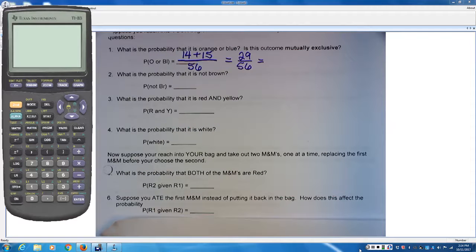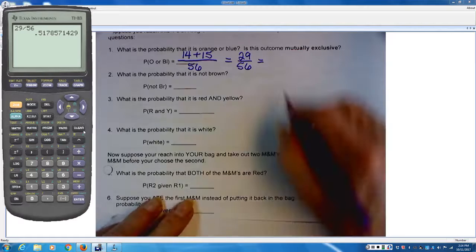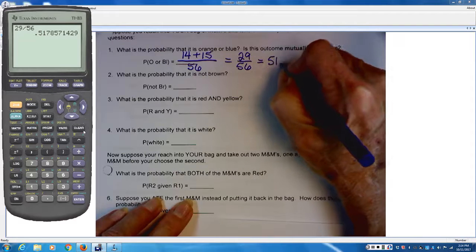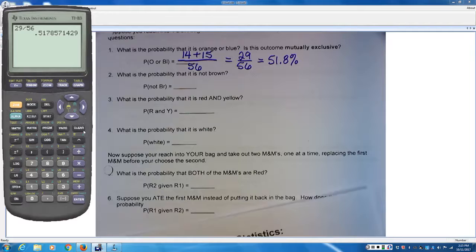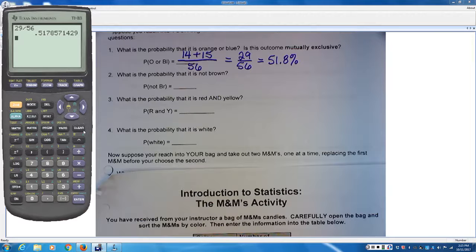So that's 29 out of 56. Make that calculator. And that means that there was a 51.8% probability that if I took out an M&M, it was either orange or it was blue.